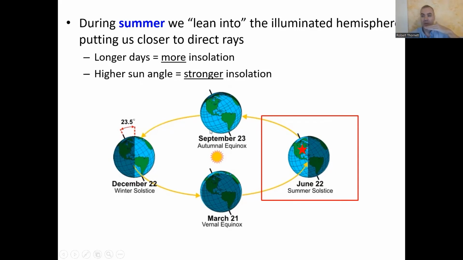As we said, you're leaning in towards the sun, so the sun is going to be higher in its arc through the sky during that summer, and that's going to be more direct. There'll be more direct rays coming on you. So in the summer, you have more direct rays, stronger sun, and also longer sun because you're spending more of your time spinning through the sunlit hemisphere and less of your time spinning through the darkened hemisphere.